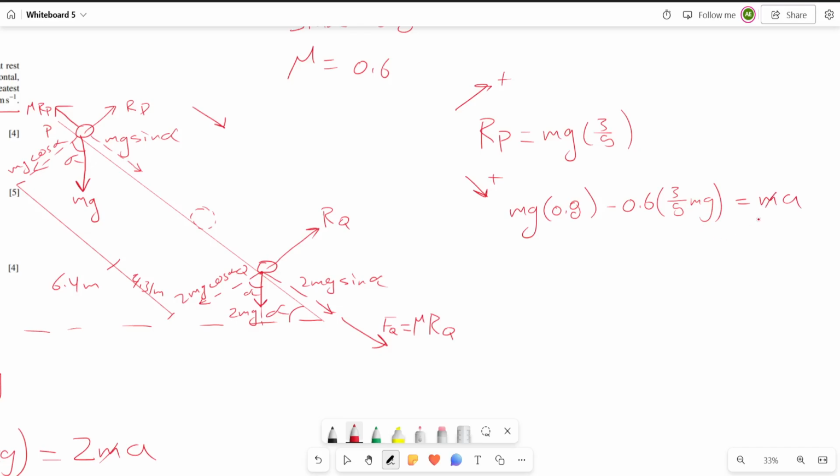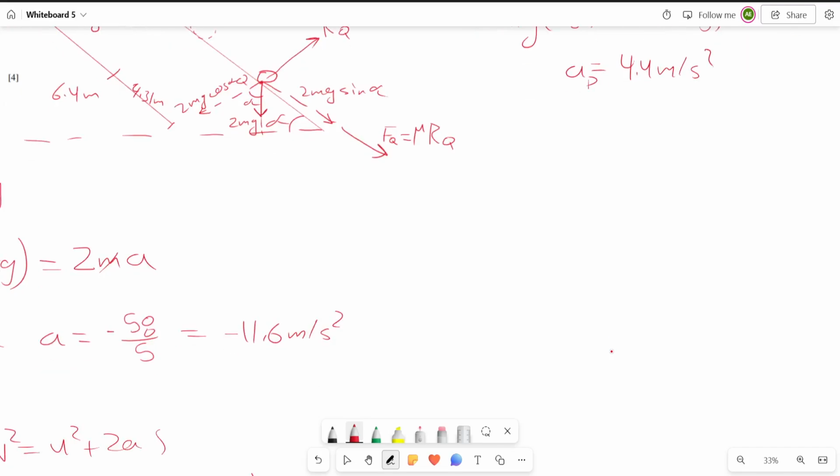So the acceleration of P is going to be 0.8 times 10 minus 0.6 times 3 over 5 times 10, so it's going to be 4.4 meters per second squared. This is the acceleration of P moving down. So now I know the acceleration of P moving down.